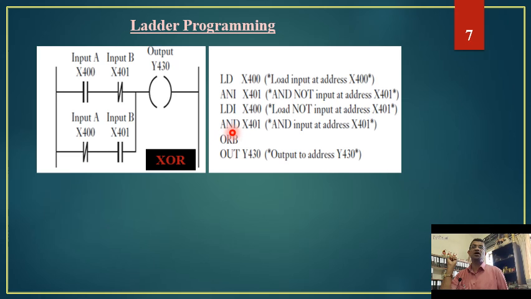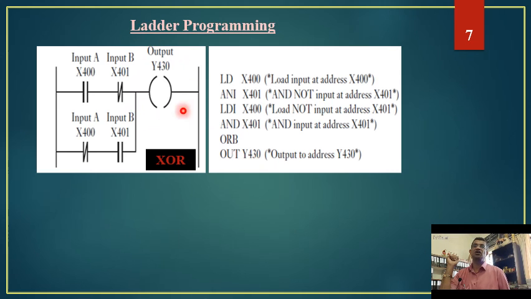Note that there is no I because it is normally open, and it is at X401. Then what does ORB mean? Now this means that the first branch and second branch are connected in parallel with each other. Boolean OR normally says that it is connected in parallel, and finally the output is at Y430.